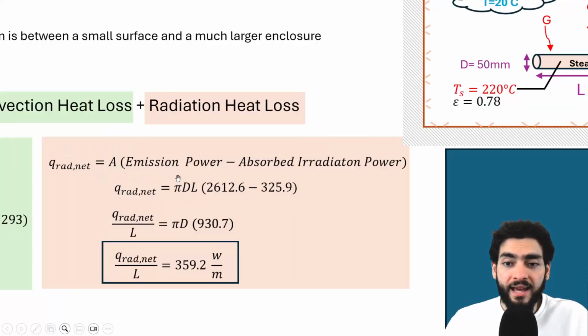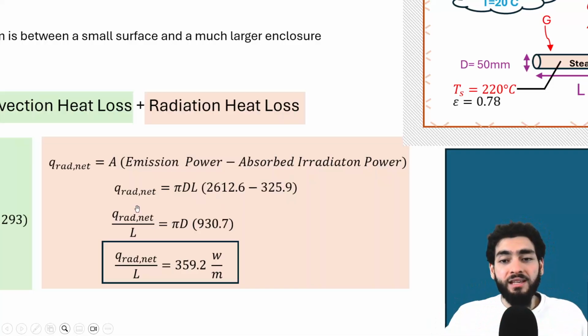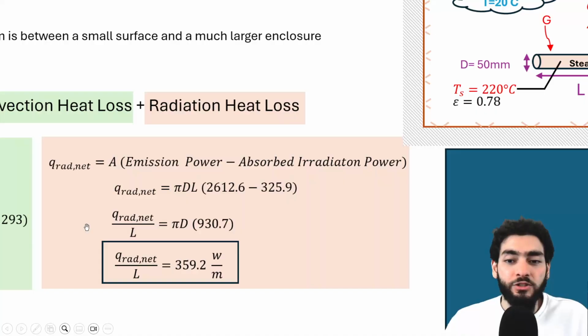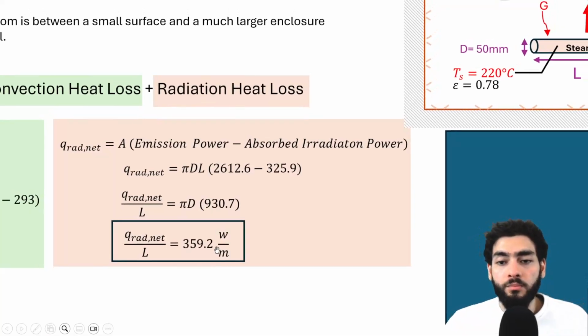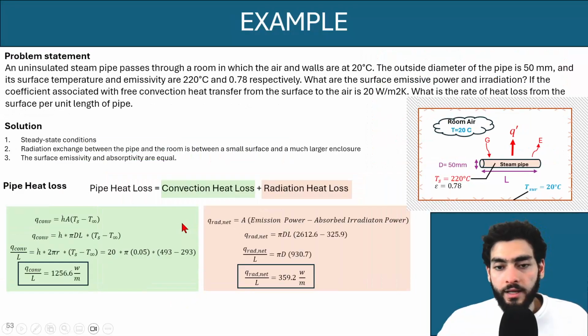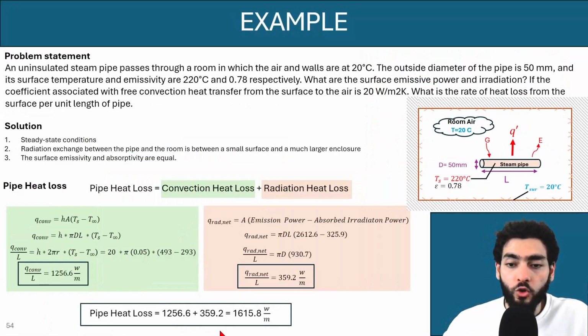So if you expand that, you have pi D L, and if you move the length to the other side of the equation, because we don't know what the length is, this equation will express the amount of heat loss per unit length. Then if you do the math, you get 359.2 watts per meter. Now, if you look at the total pipe heat loss, you need to add the convection heat loss to the radiation heat loss.